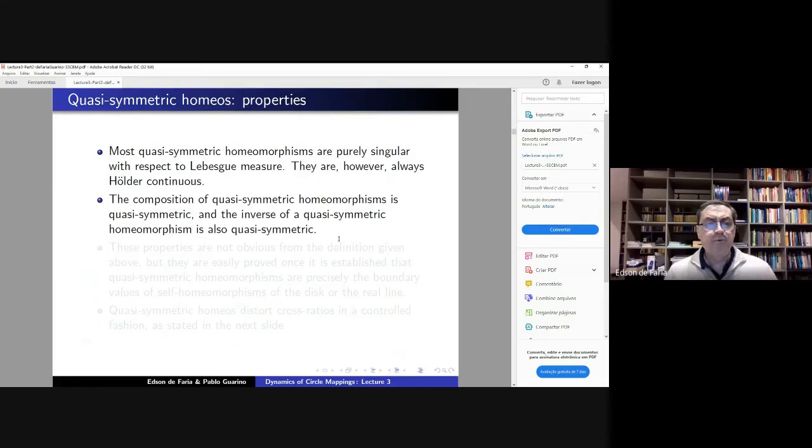However, if you try to prove these properties using just the definition I gave you, the real variables definition, you might run into some trouble. It's not so obvious.